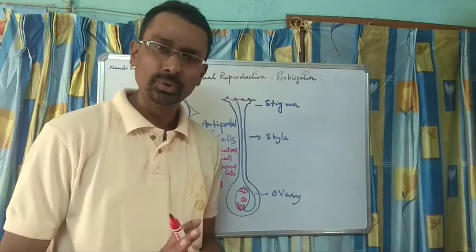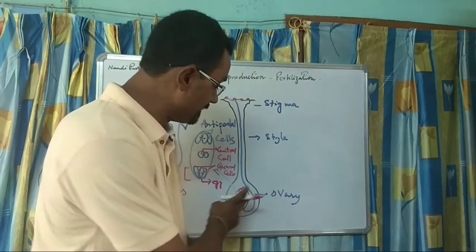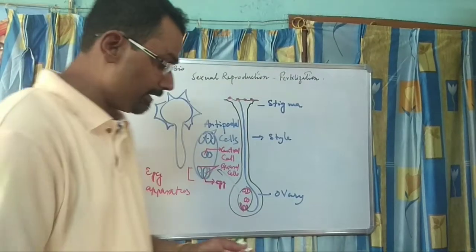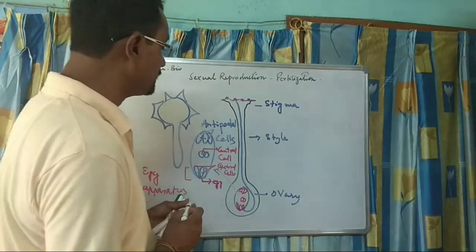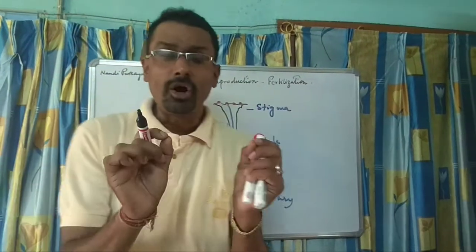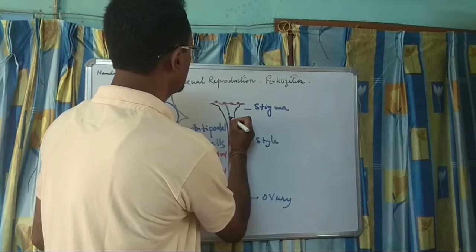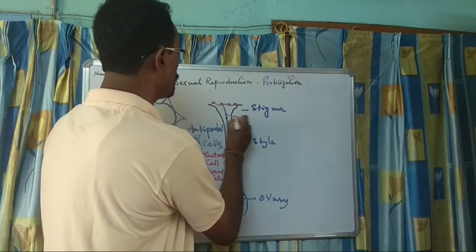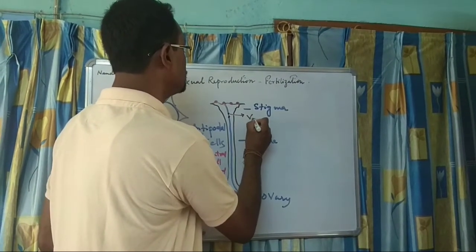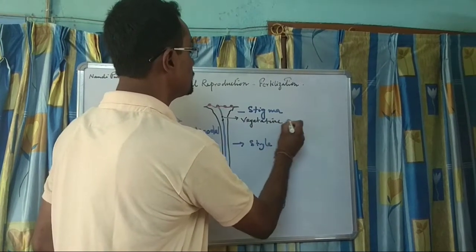Is it okay to you? This is related to the embryo sac that is present in the ovary. Now let's come to this point. Here, the pollen tube forms 2 cells. One cell is called the vegetative cell.